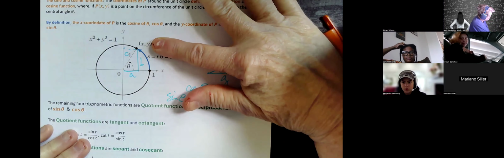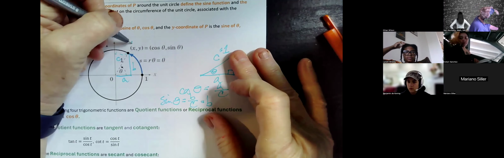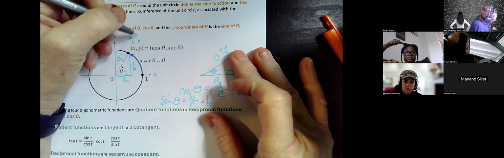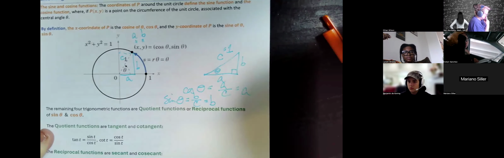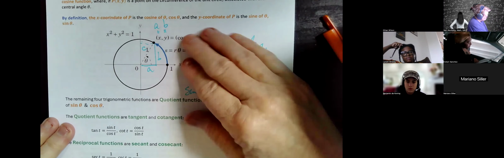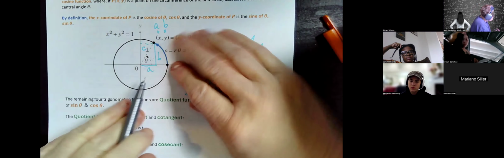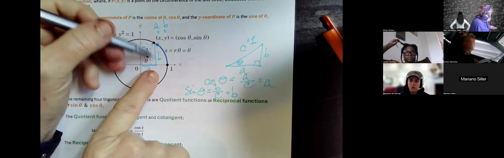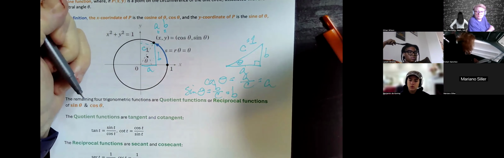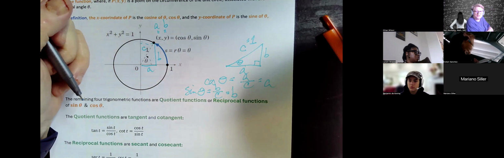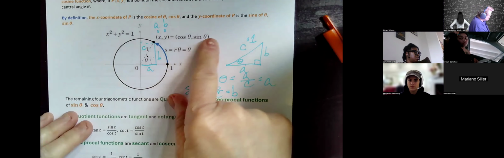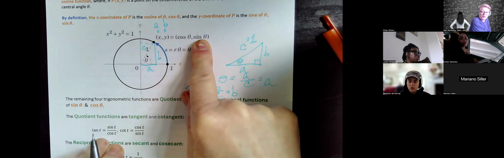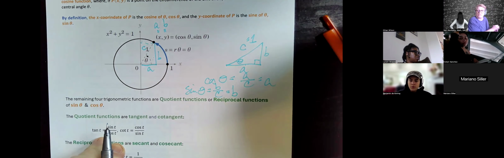That one's Y. Excellent. And that means that cosine is the X dimension and sine is the Y dimension of the 2 points. So if I know the coordinate on the unit circle, I know the cosine is that first coordinate and the sine is the second.